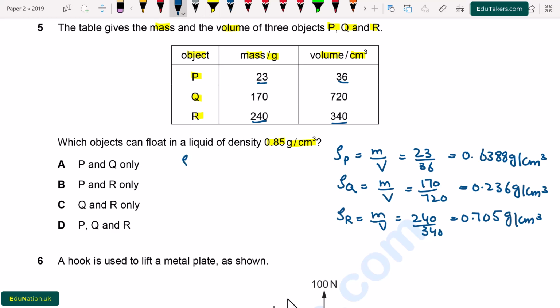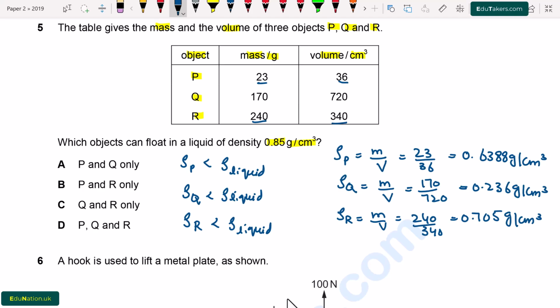I write here, density of object P is smaller as compared to density of the liquid. Also the density of Q is smaller than the density of liquid. And the density of object R is also smaller than the density of liquid. When the density of the object is smaller as compared to the density of liquid, then the object floats. It means that objects P, Q and R, all of these objects float.